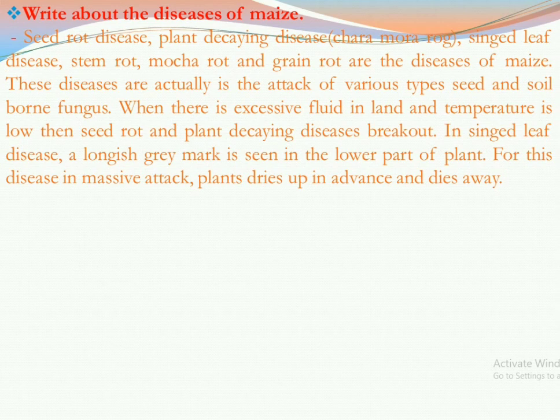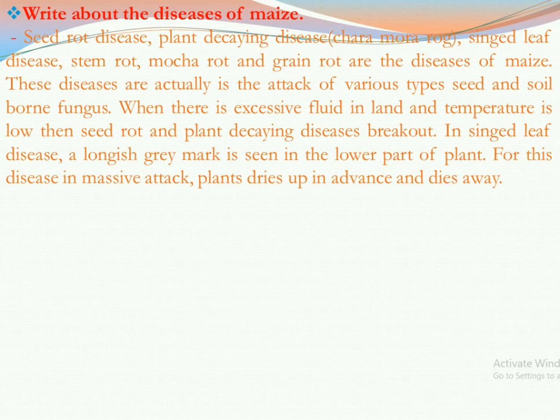When there is excessive fluid in the land and temperature is low, then seed rot and plant decaying disease break out, because when the temperature is low, the fluid in the soil cannot dry up quickly. That's why seed rot disease and plant decaying disease break out.